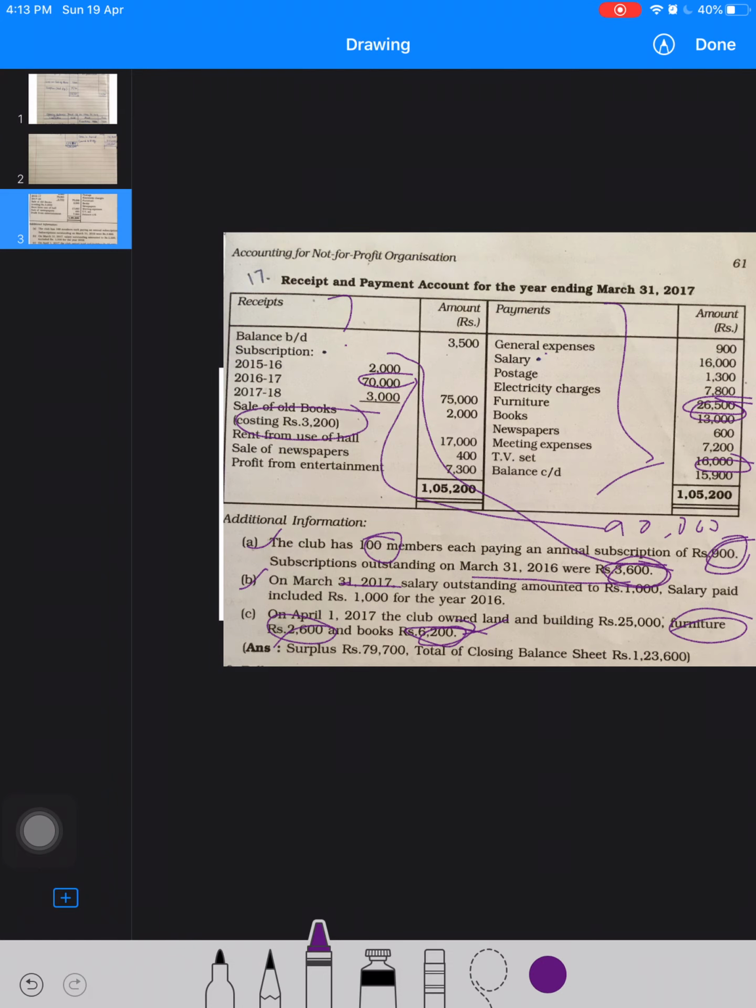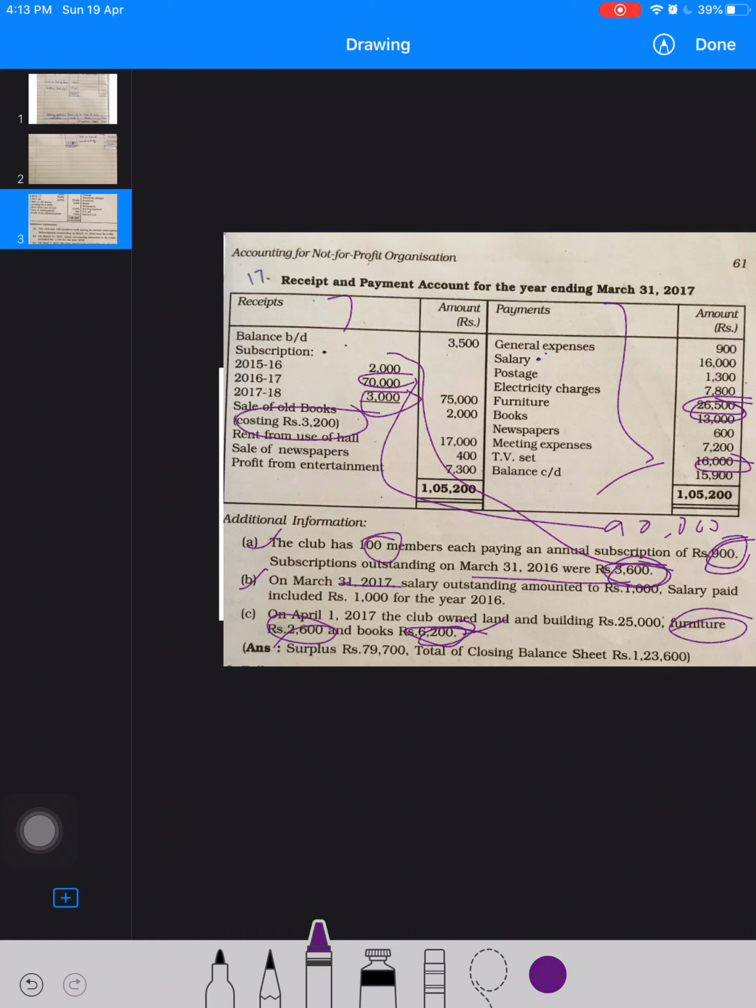Now next, if you can see here 2017-18 3000, that means you received in advance. For next year, you have received this amount this year only, 3000, that means you have a liability on you. You have to finish that work. Some work has been told to you, that you are getting subscription and you have a liability on your head now.